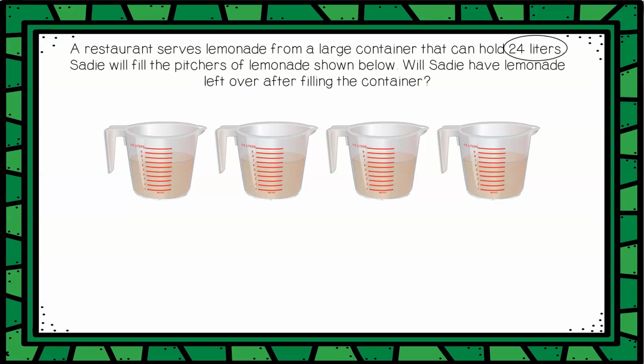Now we can read this next bit of information to help us figure out if Sadie will have any lemonade left over after filling the container. Again, the first one has 7 liters, and so do all the rest.